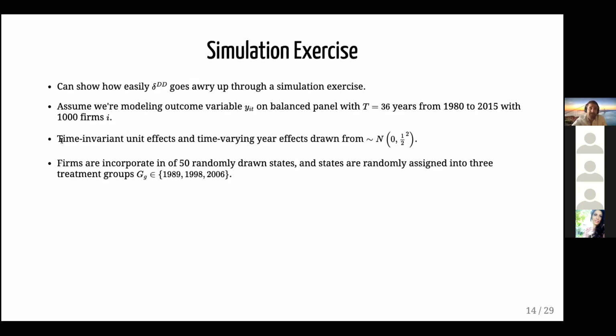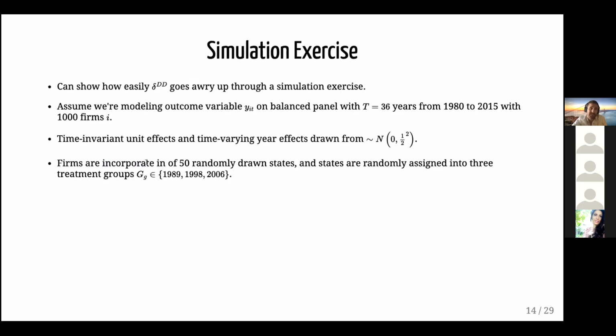We assume that there are some time-invariant unit effects, these are firm effects, and time-varying year effects. Instead of these all being constant, I like there to be a little stochasticity, so I draw these for each firm from a normal distribution, mean zero, variance a half. Firms are incorporated, and in the US, the law for corporations is based on the state in which you're incorporated.